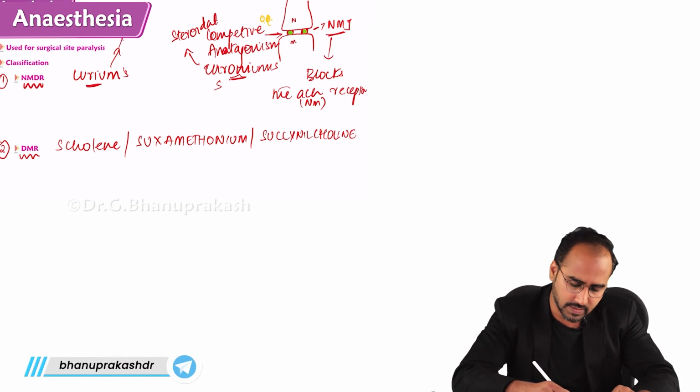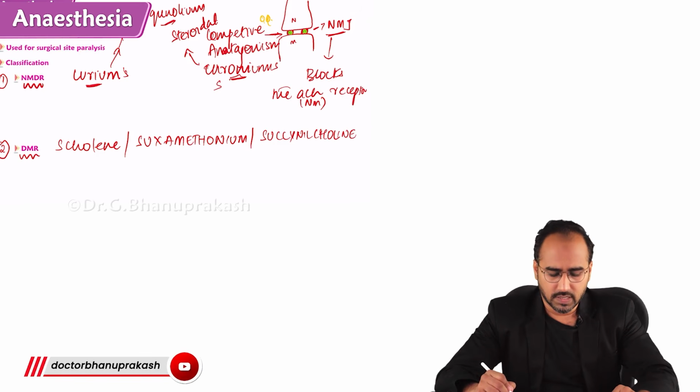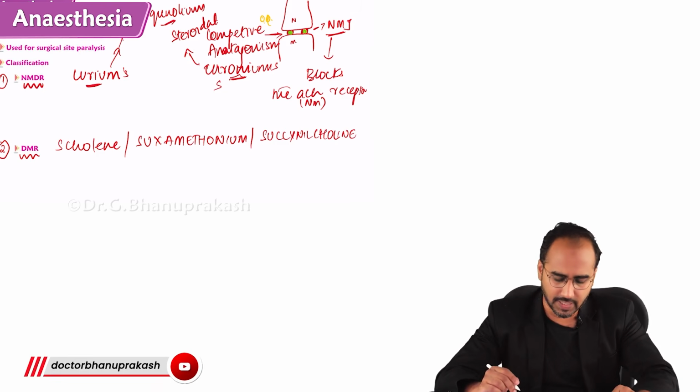I'm writing it over here: curiums are benzylquinoliums, whereas curoniums are steroidal muscle relaxants.